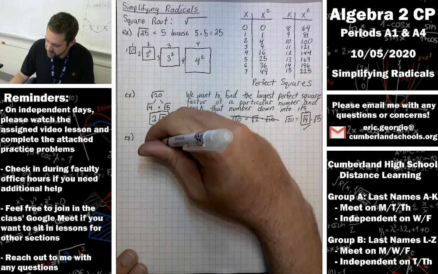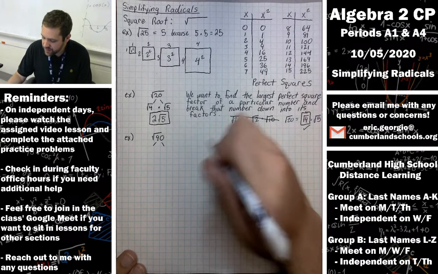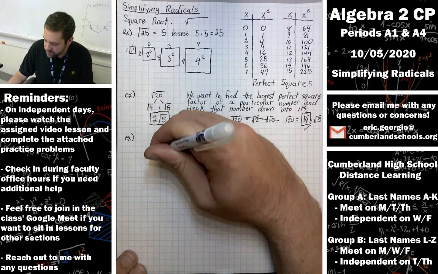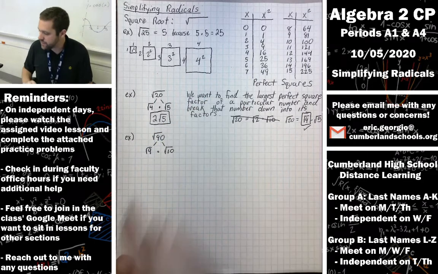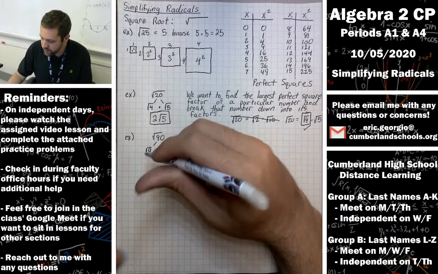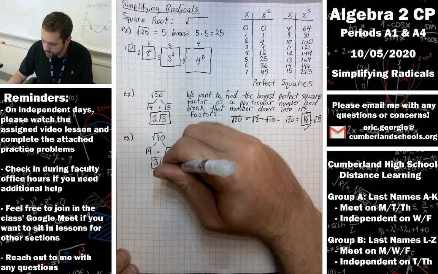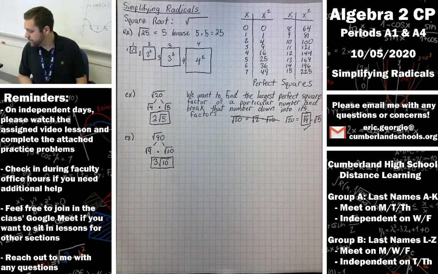What does help us is trying to find the biggest perfect square on this list that goes into 90, and that would be the square root of 9 times the square root of 10. Okay? The square root of 9 is 3. We know that, right? So we can rewrite the square root of 90 as 3 rad 10. Does that make sense to everybody? Hopefully. Pretty good with that?